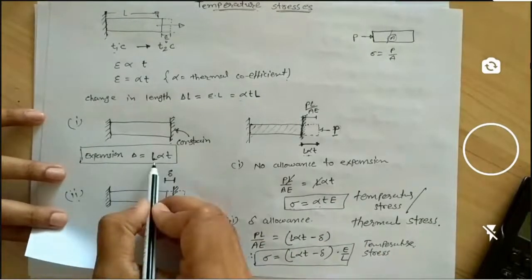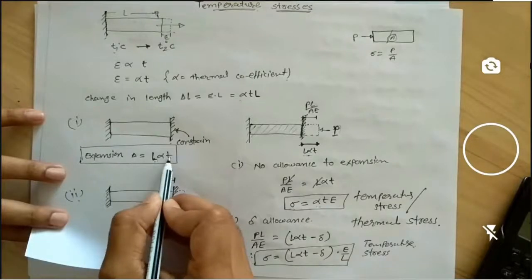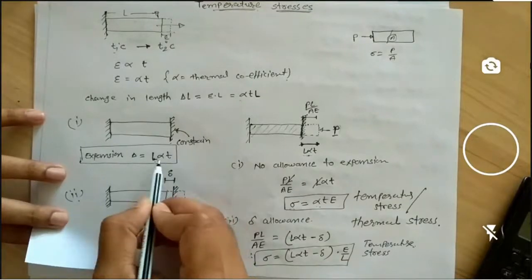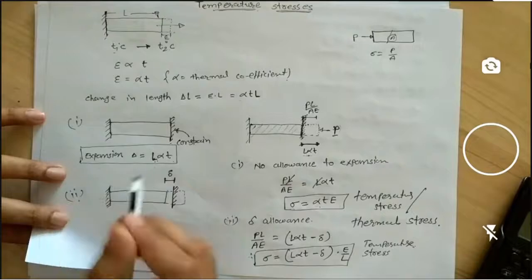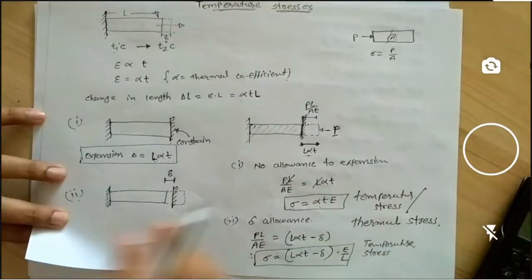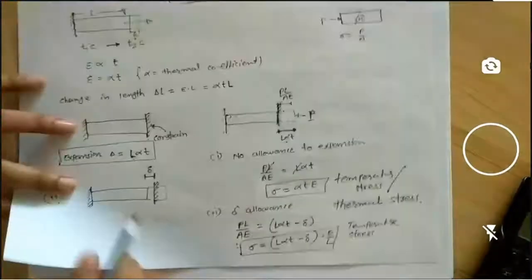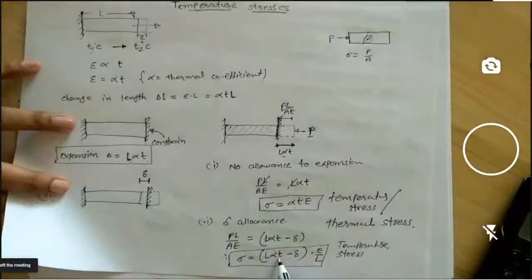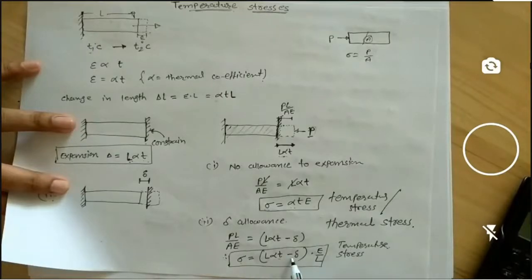So we find the L alpha T term and provide the expansion L alpha T, so there is no stress in this element. Ultimately L alpha T becomes delta, and at that time the stress is 0.